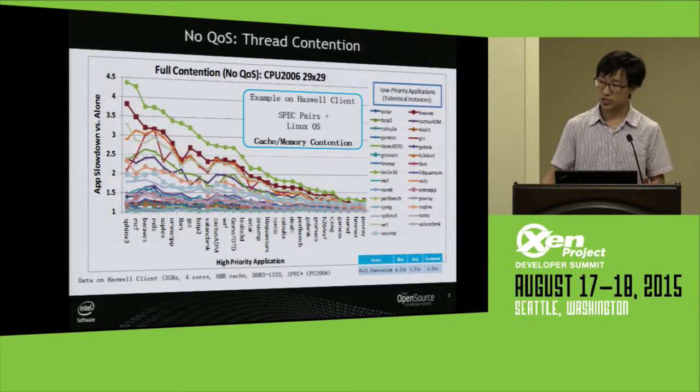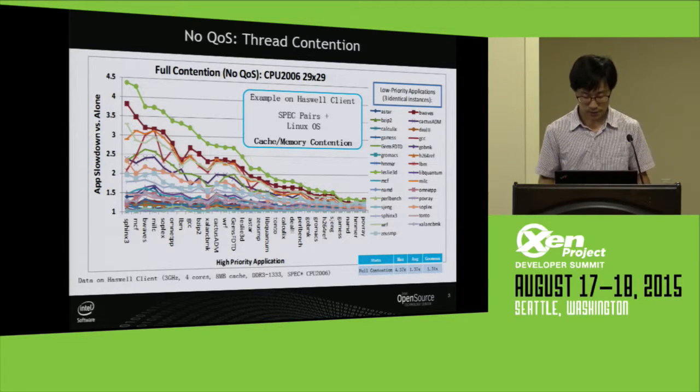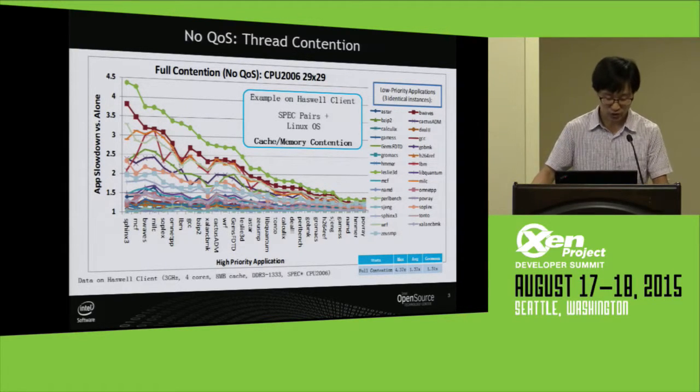Then the next question is, what's the current status? Are we already ready for this, or is there still something we need to do? Let's see our thread contention experiment.